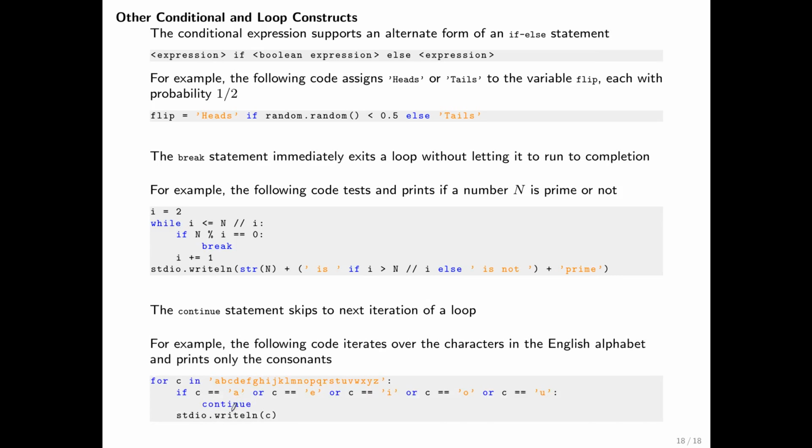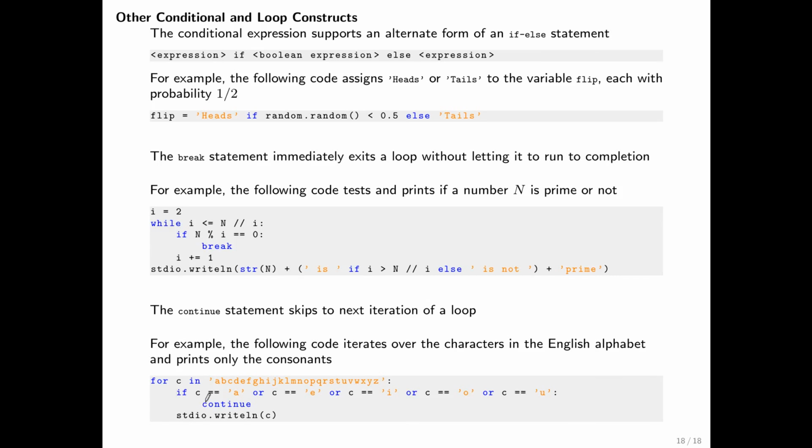So in this code, we are simply iterating over the characters of the English alphabet. Remember that a string is iterable, so I can put that here in a for loop and iterate over its characters using this variable c. In the first iteration c is going to be a, second iteration b, and so on, and in the last iteration it's going to be z.